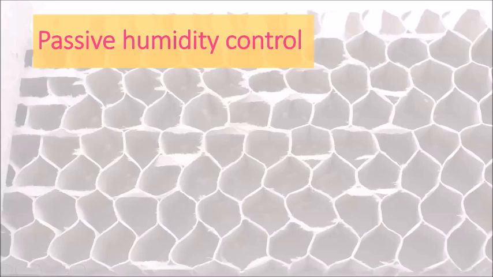Third is the passive humidity control. First we saw that case where there's no control, it is designed to allow the inflow of air with the surroundings because the building itself is controlled by an HVAC system. And the second we saw that the control is done by the material of the case itself. And third, we are adding something, but it is not actively controlled.